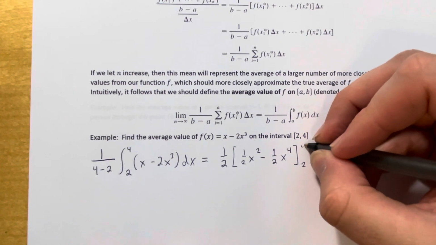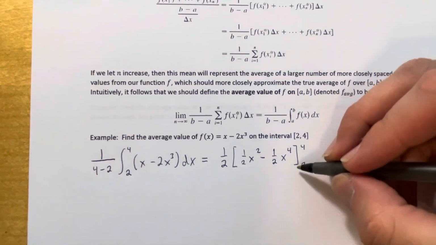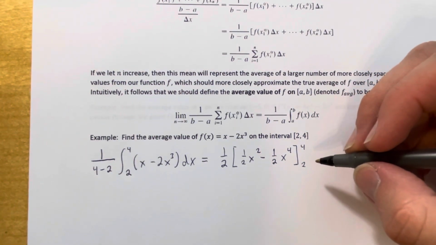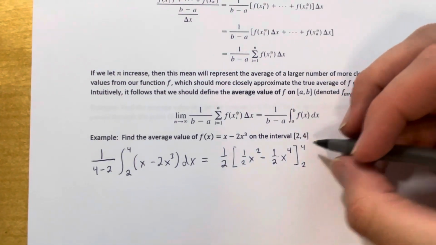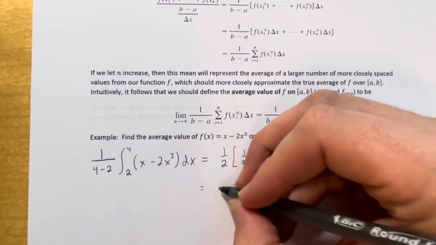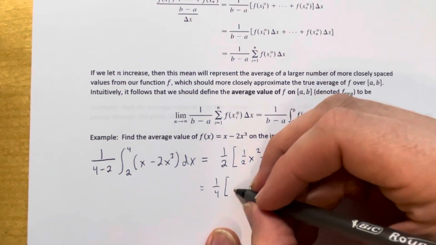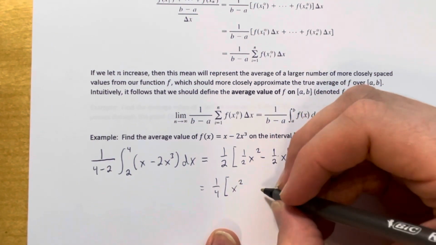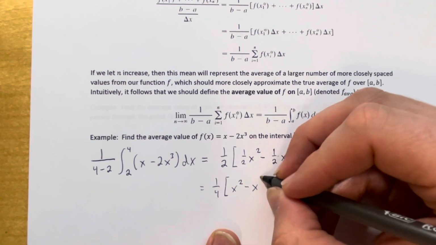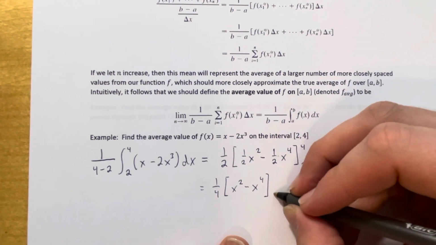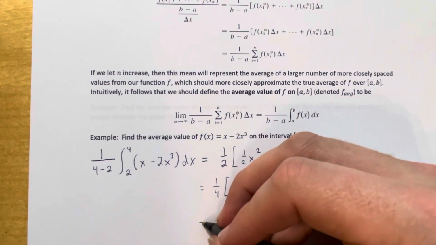from 2 to 4. I can start evaluating the 2 and the 4 here, but I like to pull out a common factor of 1/2. It multiplies with the 1/2 that's already there, and now I get 1/4 times x squared minus x to the 4th, again from 2 to 4. What is this equal to?